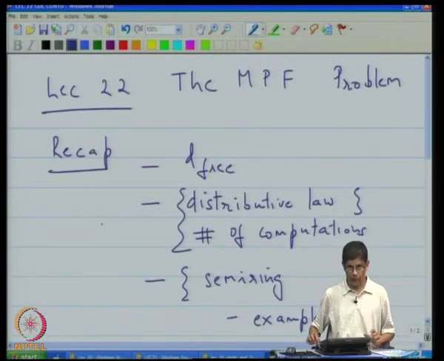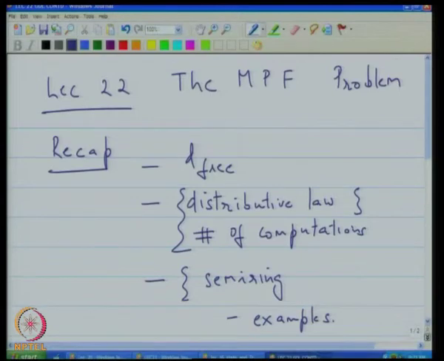Now, the way we are going to proceed is we will continue with some more examples of semirings, and after that we will define a general problem setting which the distributive law can be used to attack, and that problem setting is the setting of the MPF, the marginalize a product function problem.